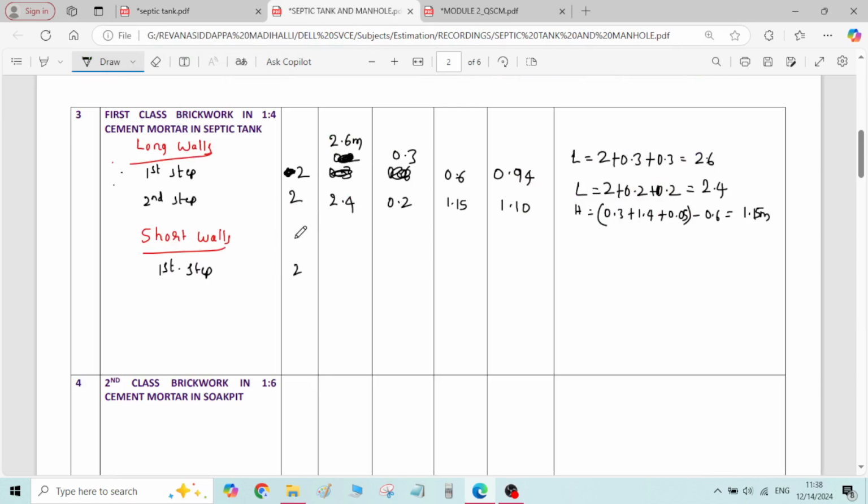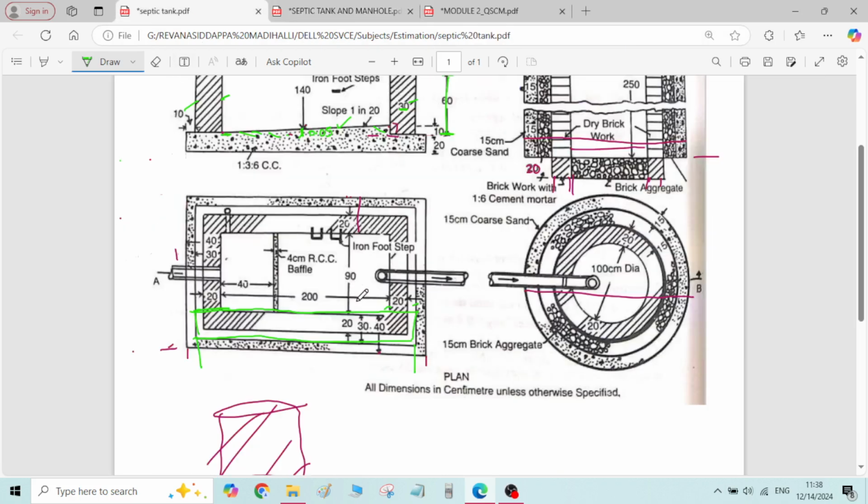Numbers is two. Then coming to the length of the short walls, we have to take inner to inner length here. While doing the calculation for the long walls, we have already taken into consideration the outer to outer length. So means not here.